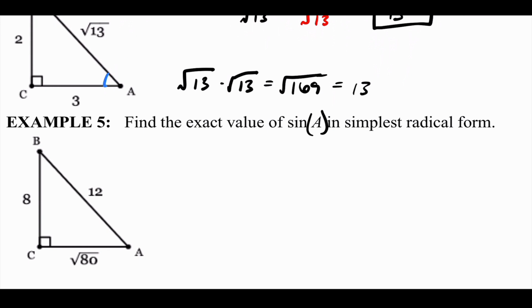Sine of A. So we're still at A. Different triangle, but we're still at A. A says opposite. So the leg that's not touching A is opposite, over hypotenuse.